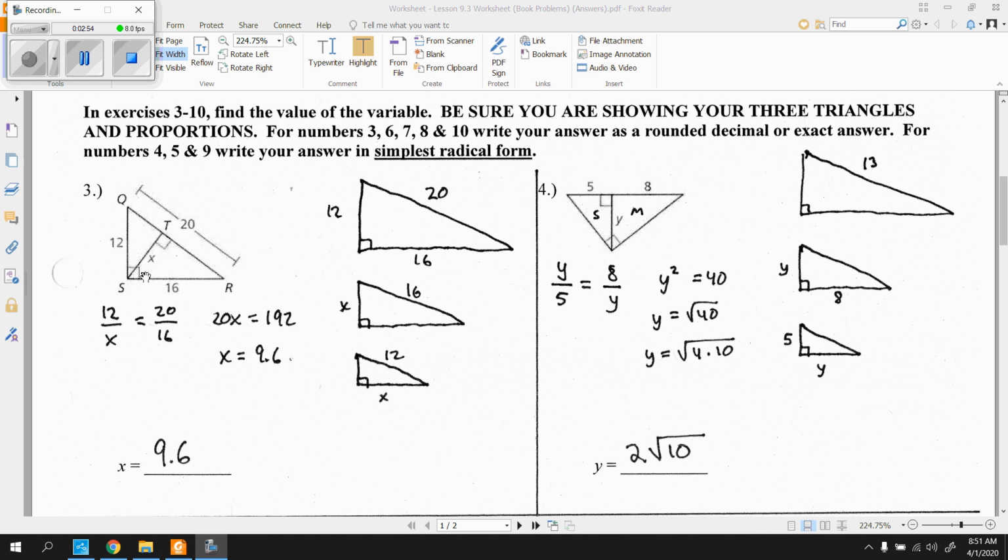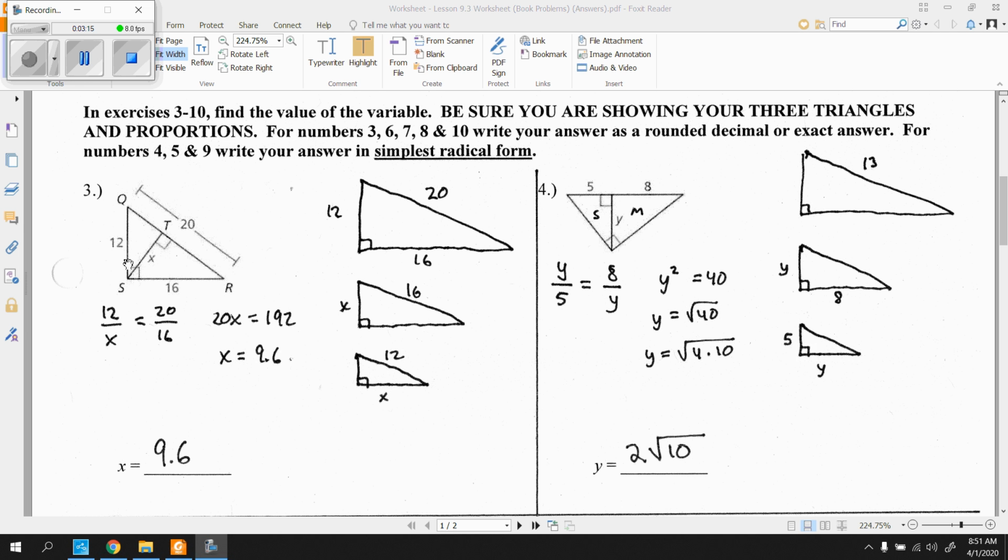Then I went to my medium triangle. As I'm looking at it, I see this altitude, this short leg here, which is the altitude of the big triangle and will always be the short leg of that medium triangle. So this X corresponds with that side. The hypotenuse is 16, so I put it with the 16. That's actually all the information we need.